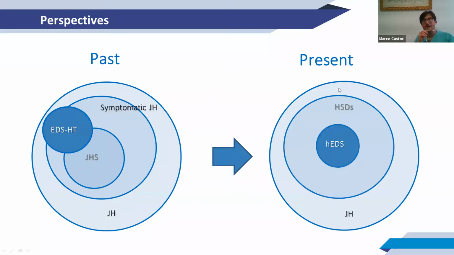While in the present, we have a concentric distribution and stratification of individuals, by intending the label of hypermobility spectrum disorder in the bridge between hypermobile EDS and asymptomatic joint hypermobility.